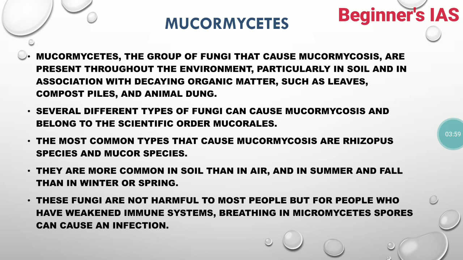The most common types that cause mucormycosis are Rhizopus species and Mucor species. They are more common in soil than in air, and in summer and fall than in winter or spring. These fungi are not harmful to most people, but for people who have a weakened immune system, breathing in Mucorales spores can cause an infection.